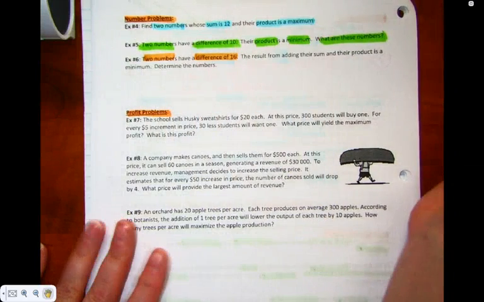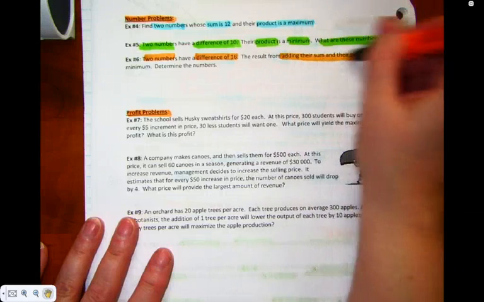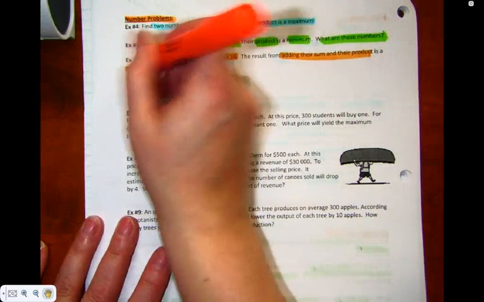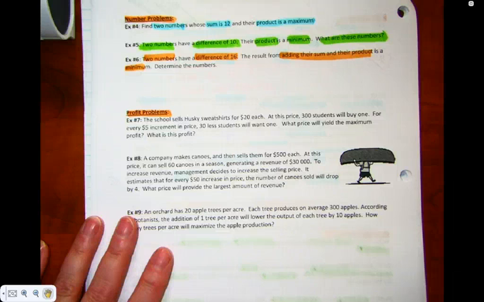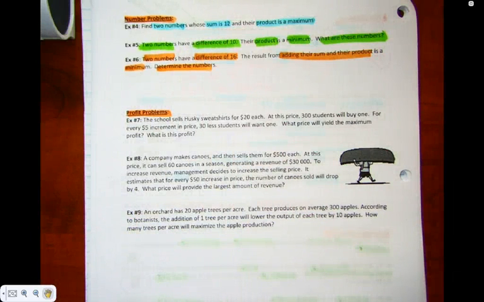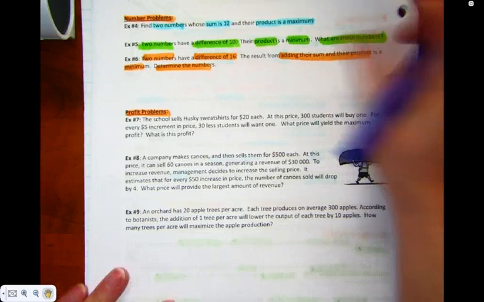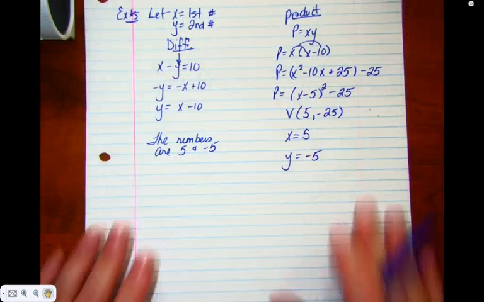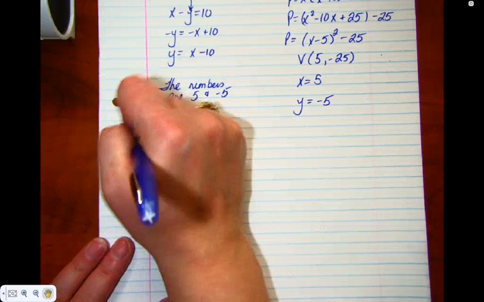Difference of 16. Yeah, this seems like it's got lots of words in it. Okay, well, let's follow the pattern we did in 4 and 5 and see if we can customize it to this one.